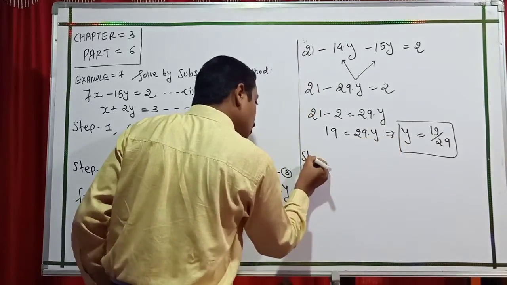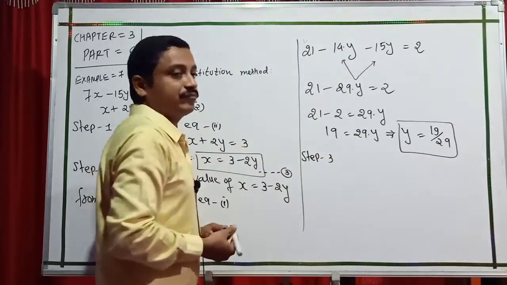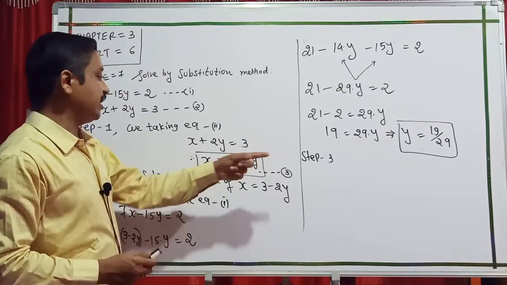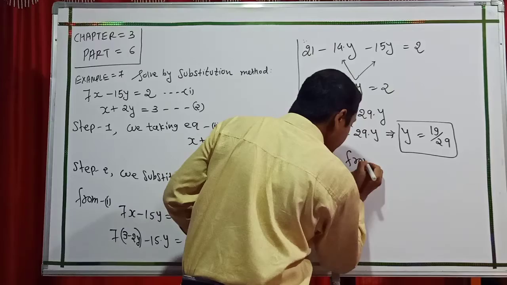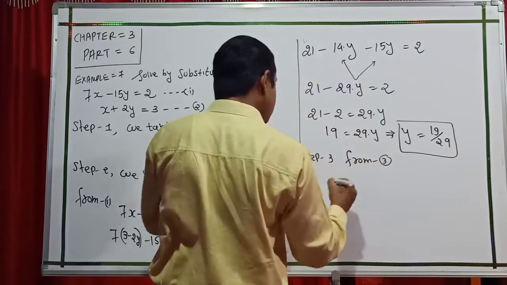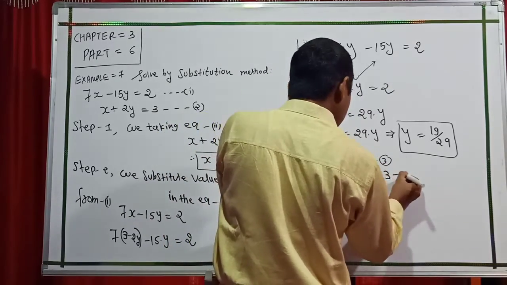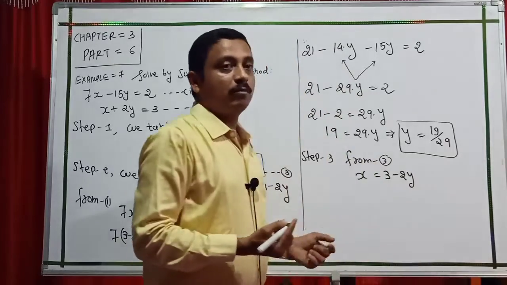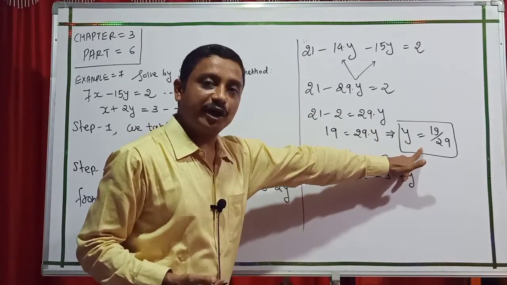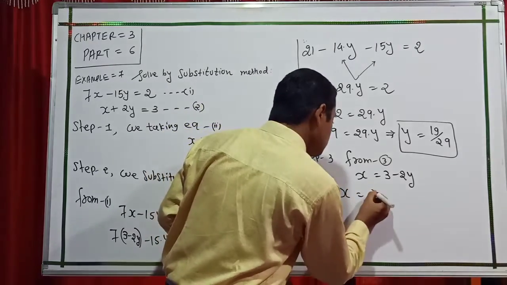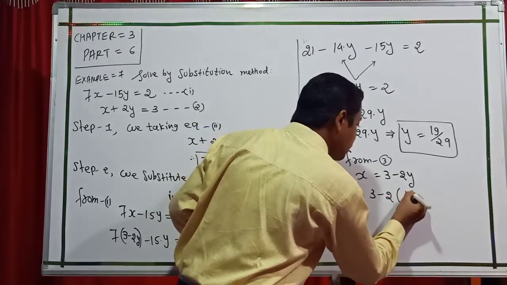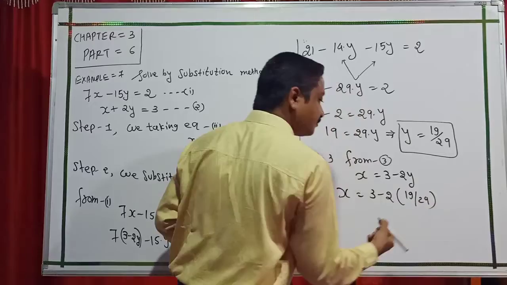Now students, I go to step 3: utilize your equation number 3. From 3, x is equal to 3 minus 2y, and apply the above y value, 19 by 29.